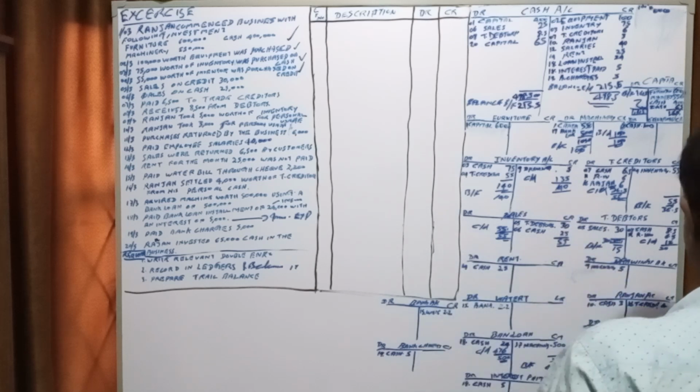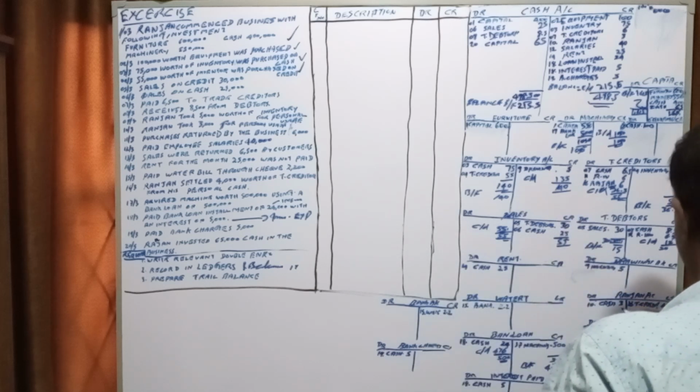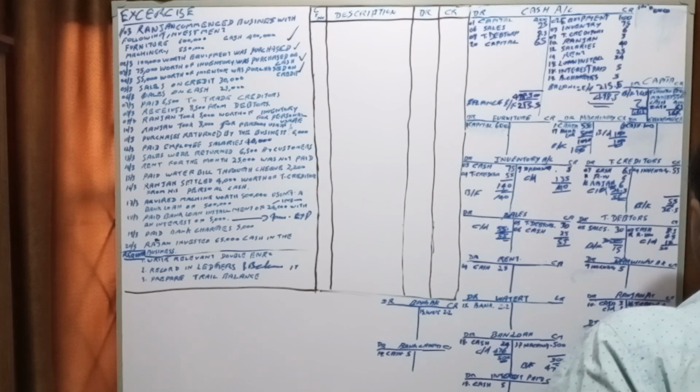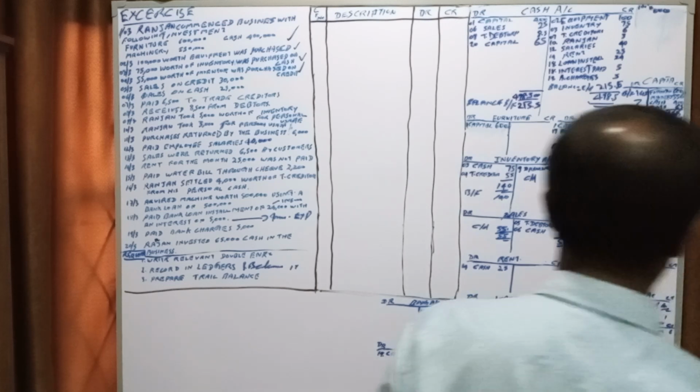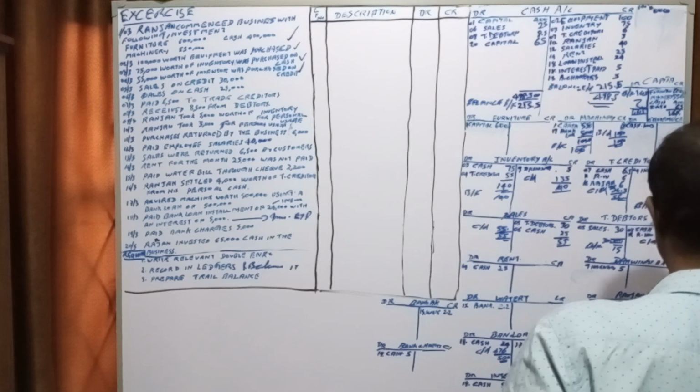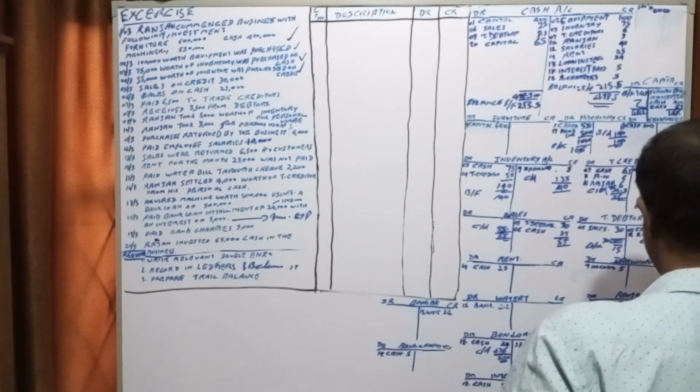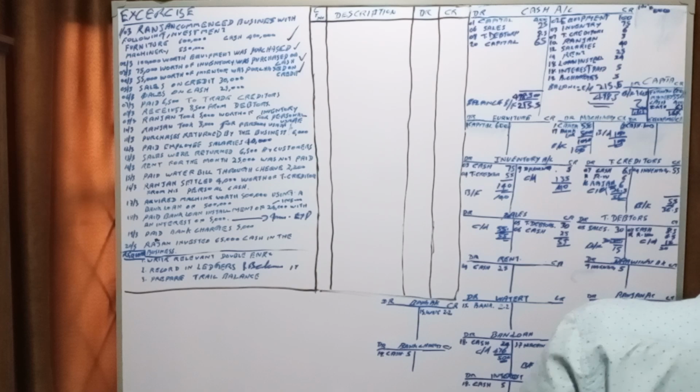Okay, 5, 4. Then here 4, here 1 carried down, brought forward this one. 4,000, 4,000 and carried forward is 1.